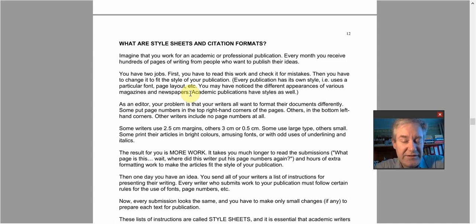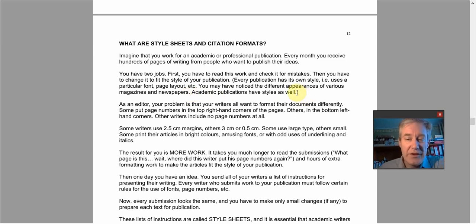And every magazine, every publication has its own style, its own appearance. Usually it has the same kind of cover every month, although it may have a different picture, but the general look of it is roughly the same. So this is true of academic publications as well. They have styles as well, as it says here.